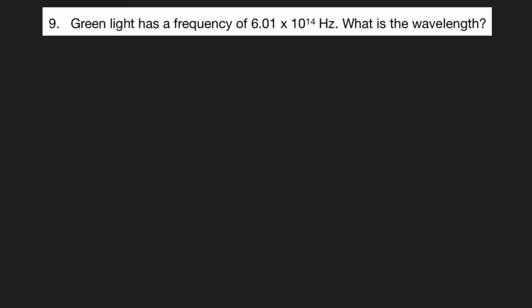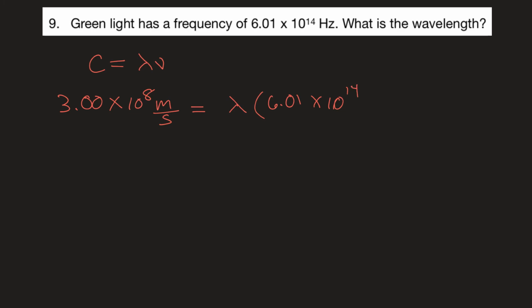So this problem is very similar to the previous problem. We're again going to use the equation c equals wavelength times frequency, knowing that the speed of light is 3 times 10 to the 8th meters per second. We're looking for wavelength this time, and we know that the frequency is 6.01 times 10 to the 14th hertz.